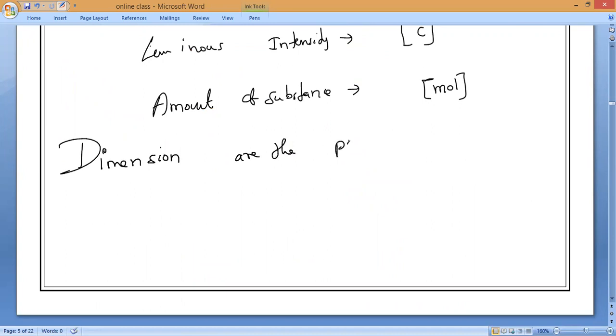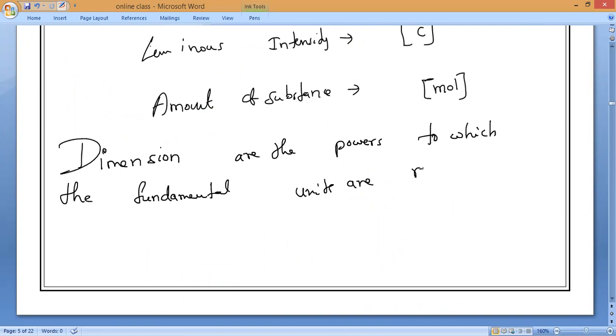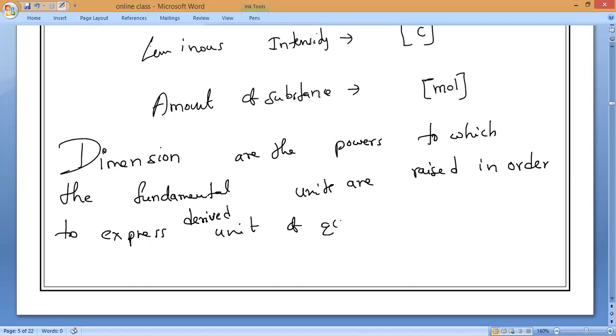Dimensions are the powers, a very, very important concept in this entire chapter, to which the fundamental units are raised in order to express the derived unit of a quantity.